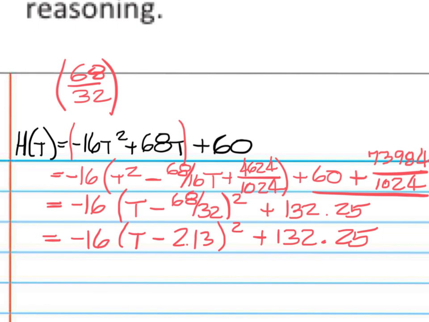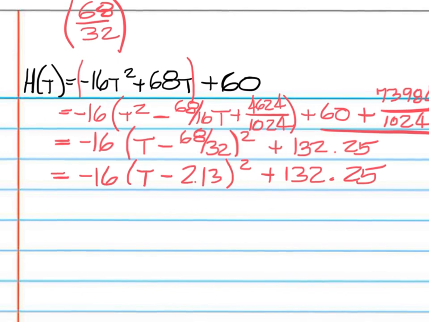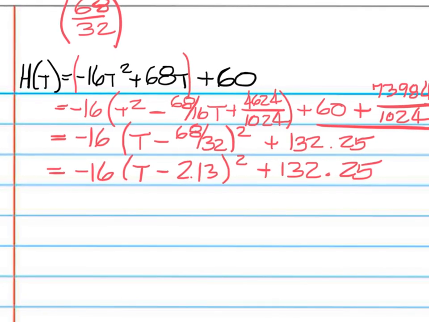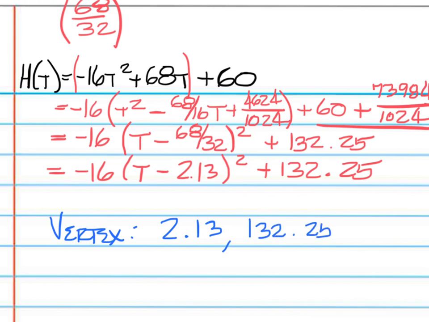Now that we have this in completed square form, can we find out what the vertex is? Okay, what is the vertex? 2.13 and then 132.25.